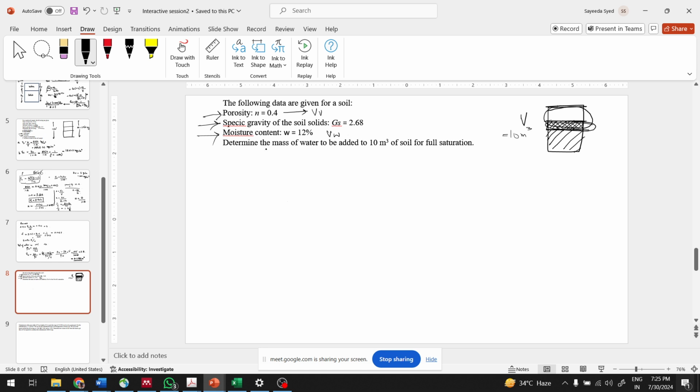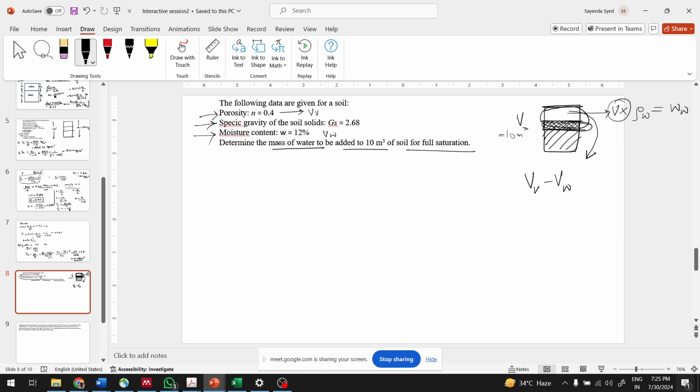And then we need to determine the mass of water to be added for full saturation. First, we need to determine this volume, which will be V of V minus V W. Then we multiply this volume by rho W and we will get our answer, isn't it? So let's try to calculate this remaining volume.